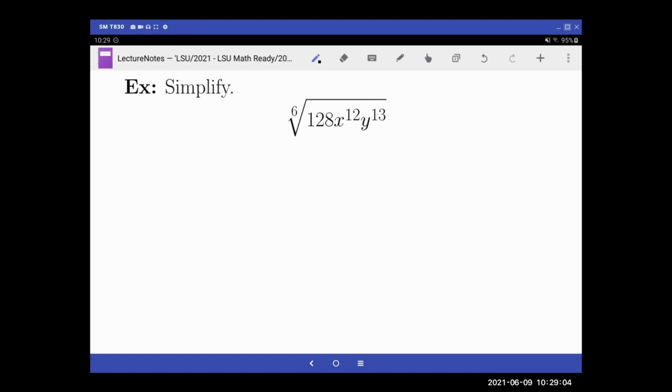All right, so let's see if we can simplify this one relatively quickly. Sixth root of 128 x^12 y^13. All right, so let's think about that. 128, let's break that down. That's 2 times 64, 2 times 32, 2 times 16, 2 times 8, 2 times 4, 2 times 2. 1, 2, 3, 4, 5, 6, 7. 7 2s.